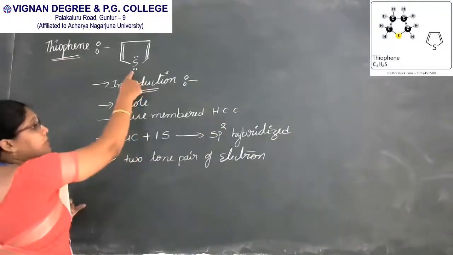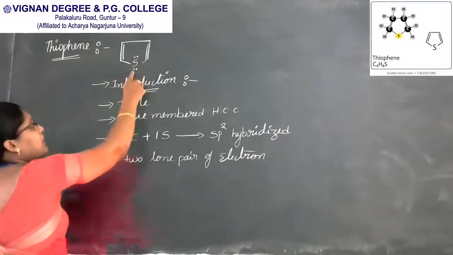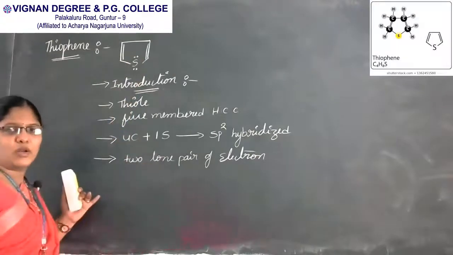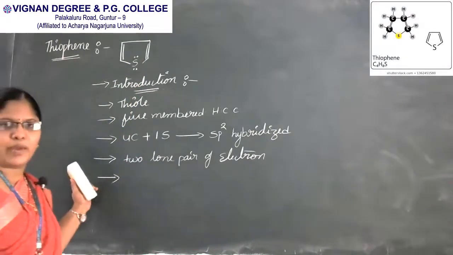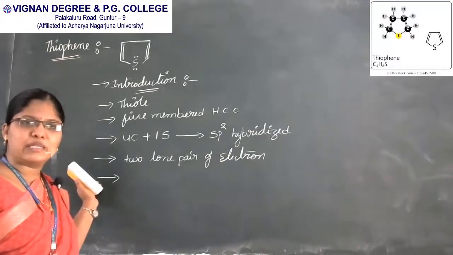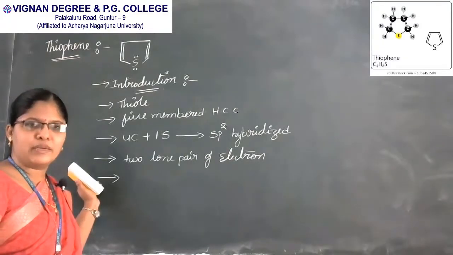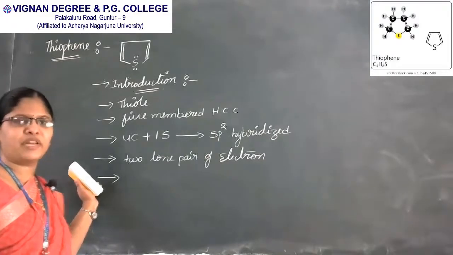Sulfur contains two lone pairs of electrons. See here, this is one lone pair and this is another lone pair. Out of these two lone pairs, one lone pair of electrons is present in sp2 hybrid orbital and another lone pair is present in the unhybridized p orbital of the sulfur atom.